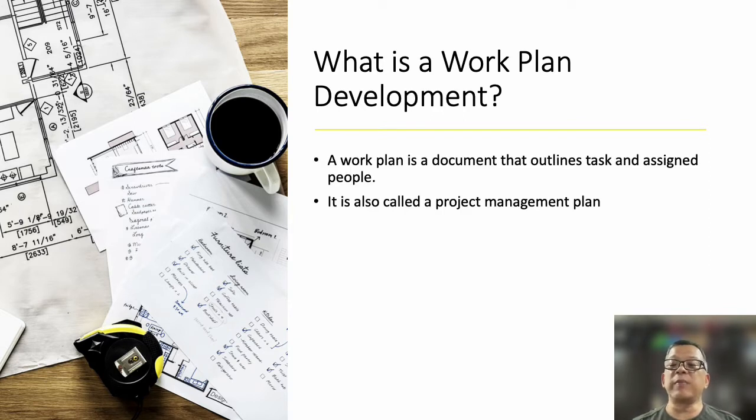Basically, a work plan is a document that outlines all of the steps to take over the course of an initiative or a deliverable, breaking them down into as much detail as possible and assigning individual activities or tasks to certain people.